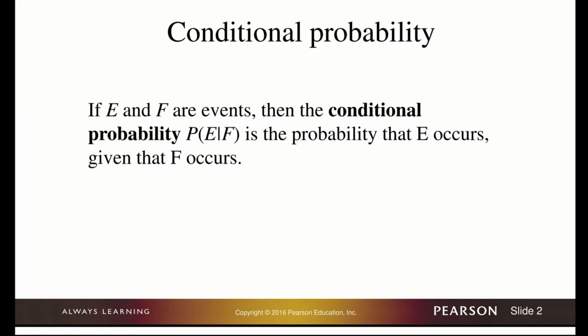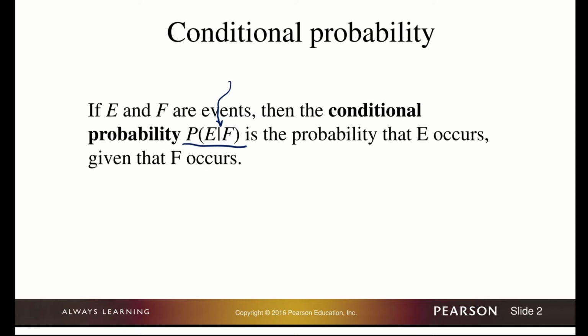When we say conditional probability and we're dealing with two events, then, for example, the conditional probability is written as P of E given F. You know how in set builder notation we read the vertical bar as "such that"?